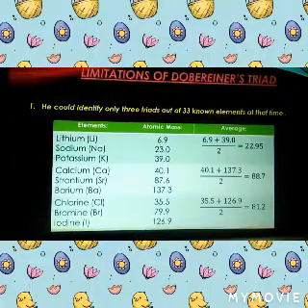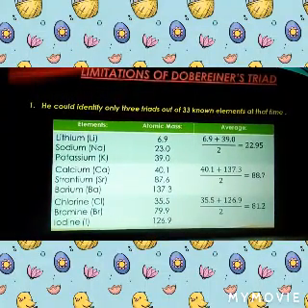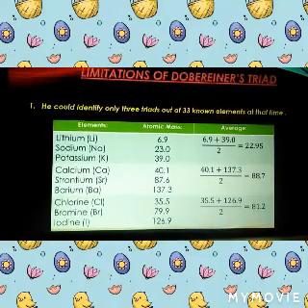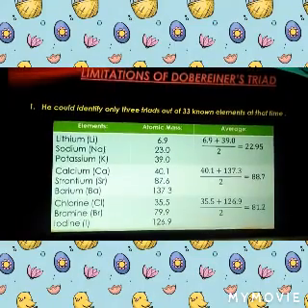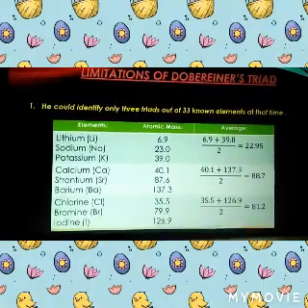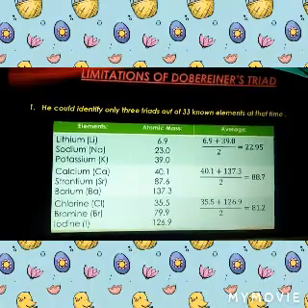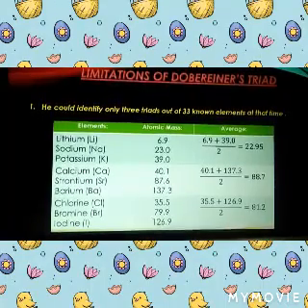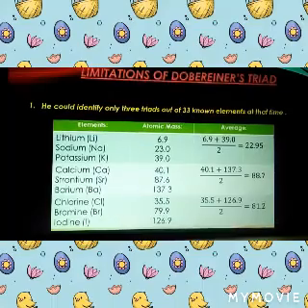Just like here, you can identify that (6.9 + 39)/2 is 22.95, which is approximately the atomic mass of sodium. Same in the second triad also, the average of calcium and barium atomic masses is nearly the strontium atomic mass, which is 87.6, and here the average is 88.7, nearly close to that. Chlorine, bromine, iodine. Here you can see.